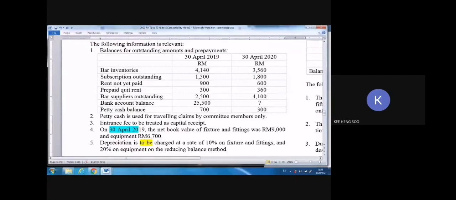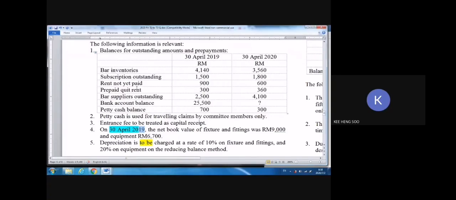In the coursework exam, I will make it very clear how much the cost is on the day, and whether depreciation is already deducted or not yet deducted. If I put 2020, I must tell you that this book value is not yet deducted for the 2020 depreciation. So the question has to be very clear in the coursework or the final exam. But in the tutorial, I let it stay open, it's okay, so you can have a discussion. Clear? That's your question 6.